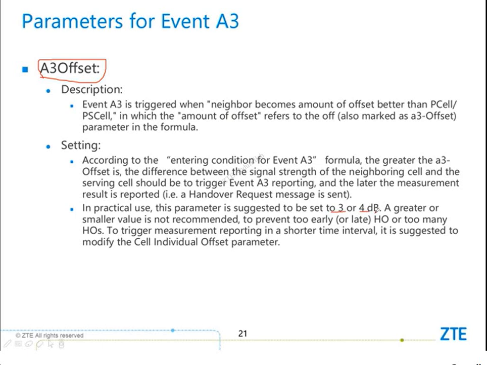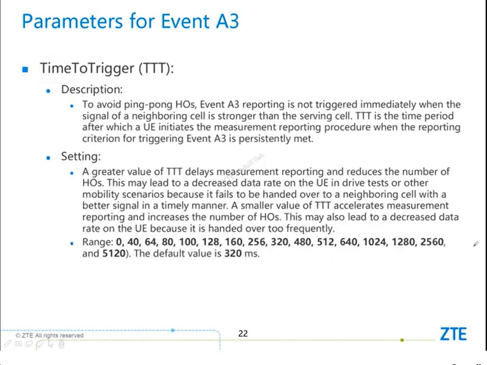For example, if you set it too big, handover is very hard to trigger. But if you set it too small, handover is easy to trigger, but the quality cannot be guaranteed. Maybe after handover, it's still a call drop. So in a real network, we recommend setting 3 or 4 dB.